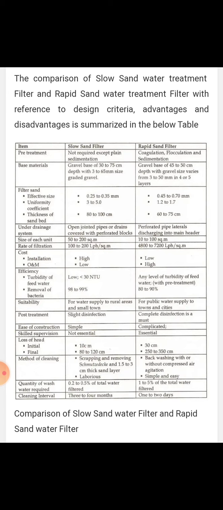If you are considering the rapid sand filter, the operation and maintenance cost is high because a rapid sand filter requires regular cleaning. The rate of filtration for a rapid sand filter is very high, and due to that we require regular cleaning and a regular backwashing process. So the operation, maintenance and replacement of material require a huge cost.